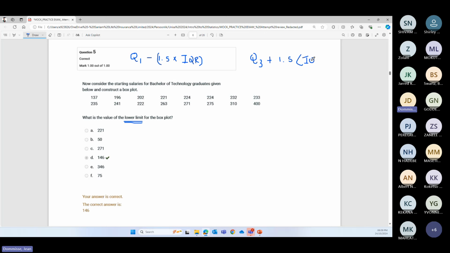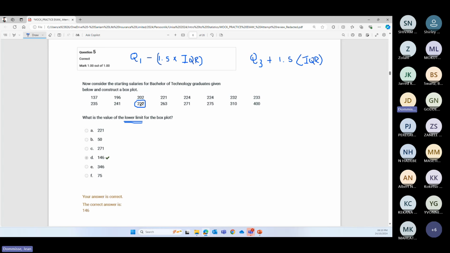So that is the lower and this is the upper. And it is different from what Q1 is and what Q3 is. So this one, actually, we needed to do a lot of work again, and maybe it was a mistake in the data, but that should have been something else.